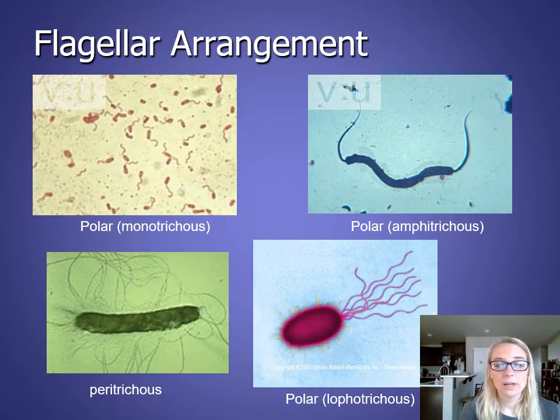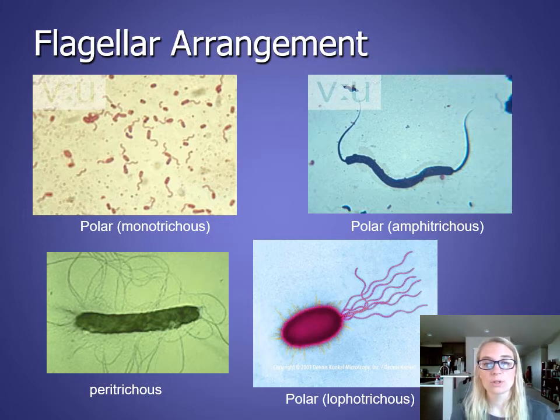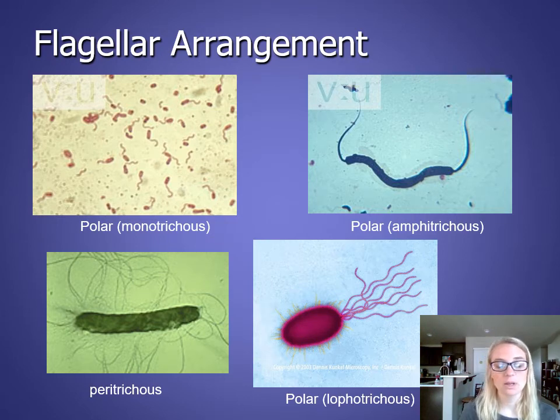All right, so let's take a look at how some of the flagella can be arranged on a prokaryotic organism. There's a couple words that go along with flagella arrangement. There's an older edition of the textbook that kept these trichous words. I'm keeping them on the slide, but I think the newer edition is just using polar and peritrichous. Of the polar arrangements, polar just means you have a flagella on either one or both sides. So we have monotrichous, a polar arrangement.